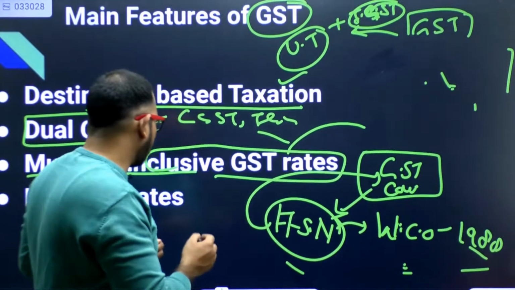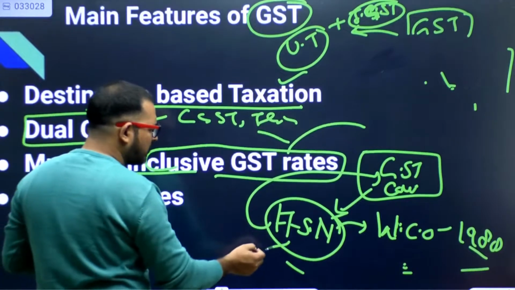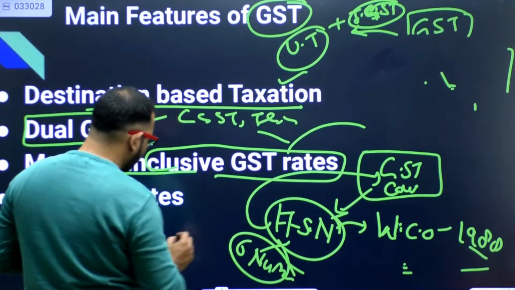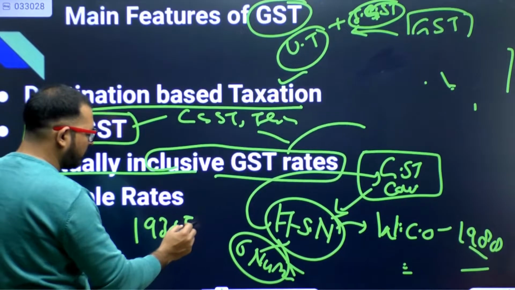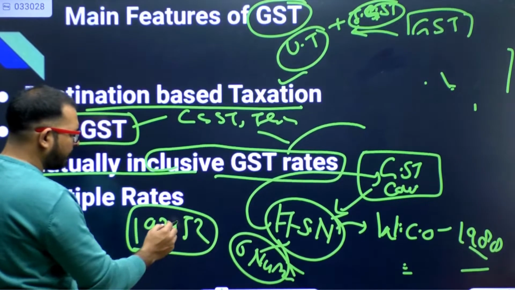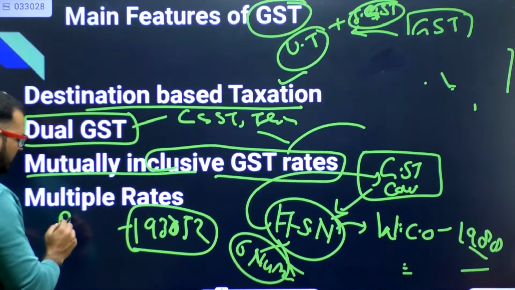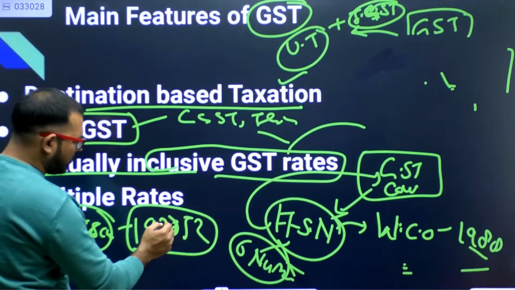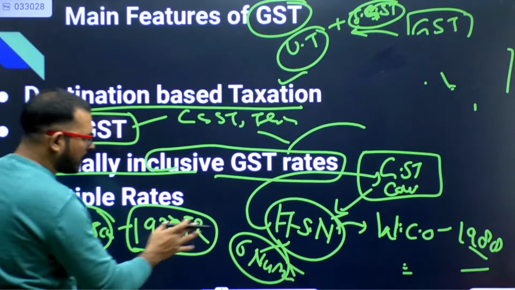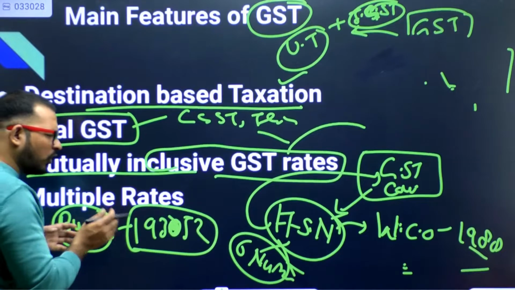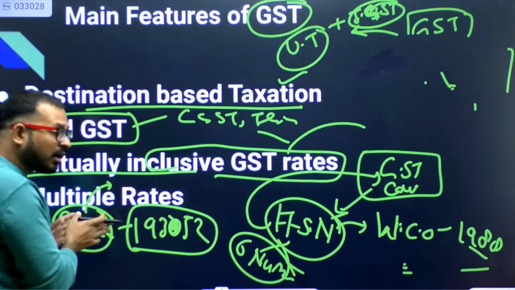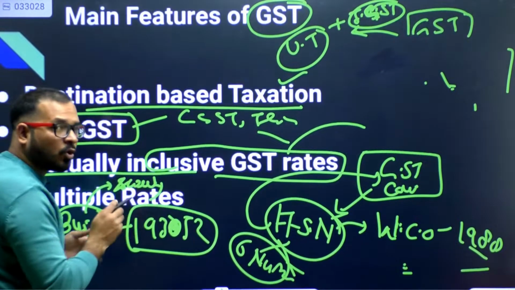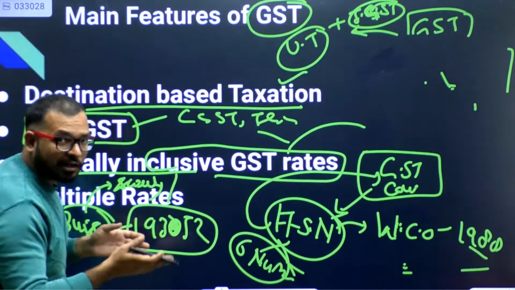Let's say the HSN code is actually a six numeric digit code. Let's say 193052 is one code of the biscuit. Here in 193052, which is the HSN code of the biscuit, it is also written what the composition of the biscuit is, whether it is a sweet biscuit, a coconut biscuit, or a salt biscuit.